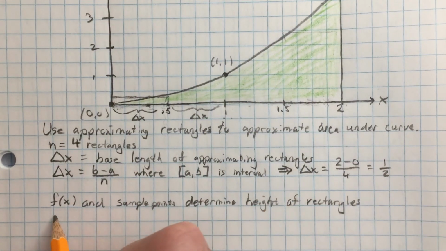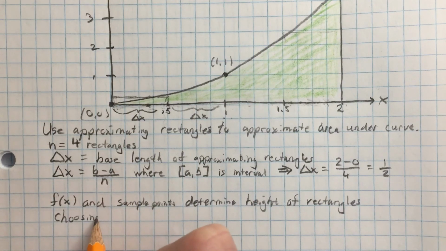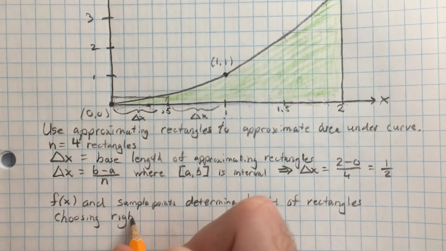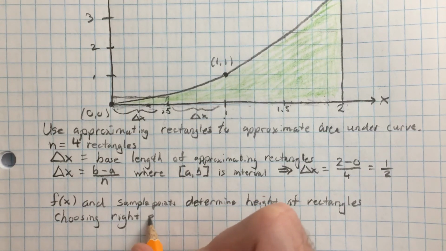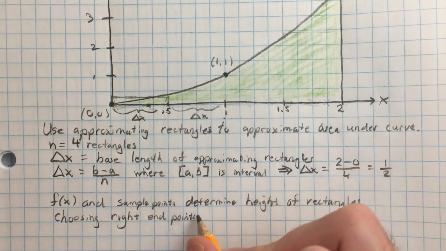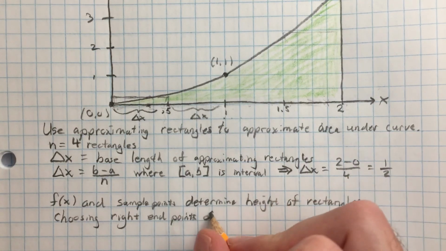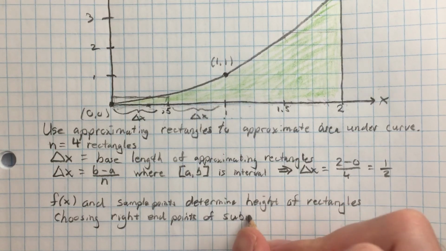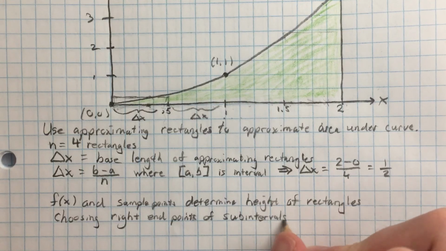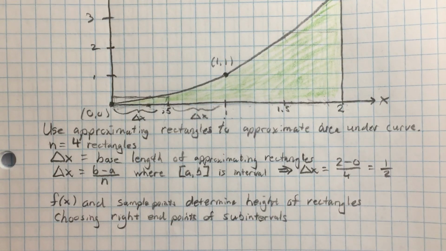So I'm going to choose, again, that's just me choosing for the sake of having an example here. I'm choosing right endpoints of subintervals. The book might say left endpoints. I'll do a left endpoint problem here shortly. Okay. Choose right endpoints of subintervals.